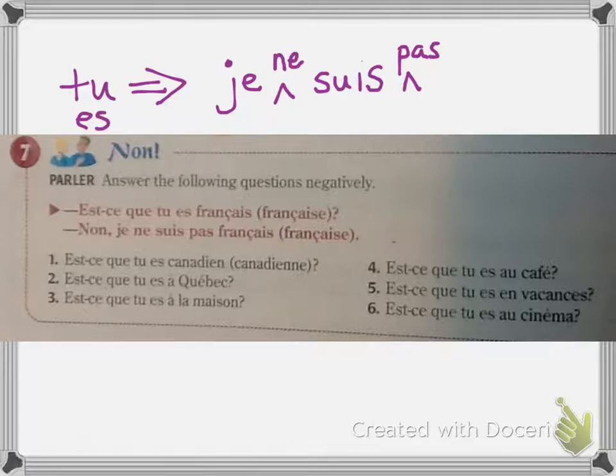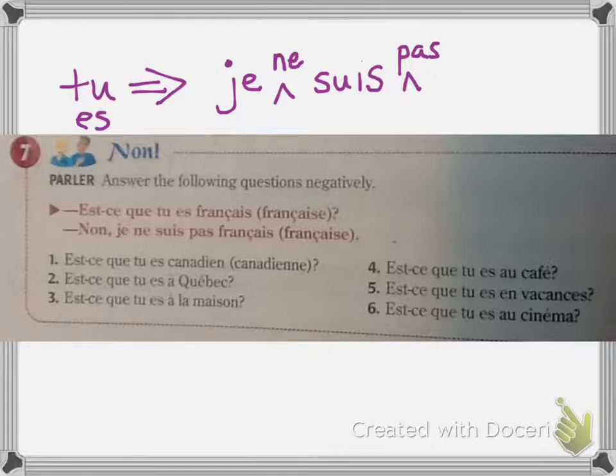Numéro 1. Est-ce que tu es Canadien? Non, je ne suis pas Canadien. 2. Est-ce que tu es à Québec? Non, je ne suis pas à Québec. 3. Est-ce que tu es à la maison? Non, je ne suis pas à la maison.